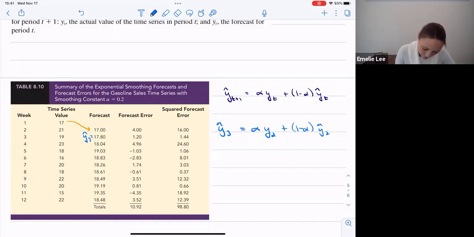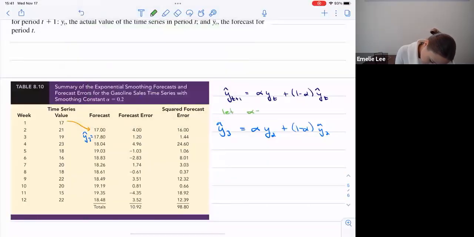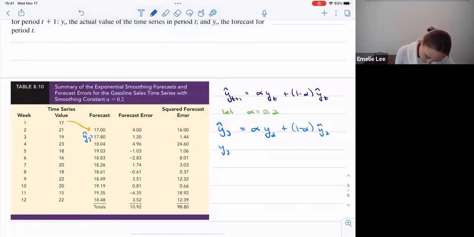If we let alpha be 0.2, then what we get for our forecasted value here is 0.2 times the previous value, right? So the previous observed value is 21, and the previous forecasted value is 17. So 0.2 times 21 plus 0.8 times 17.